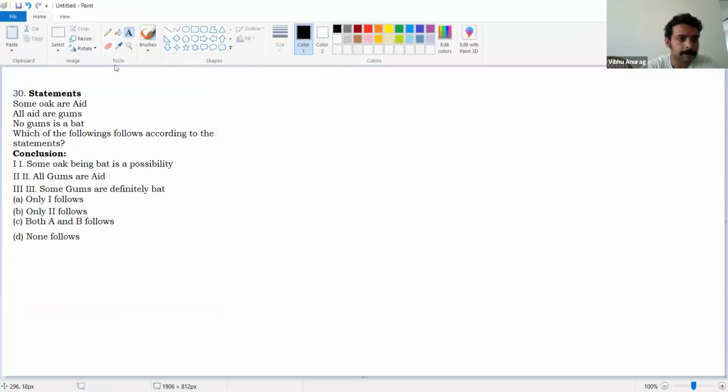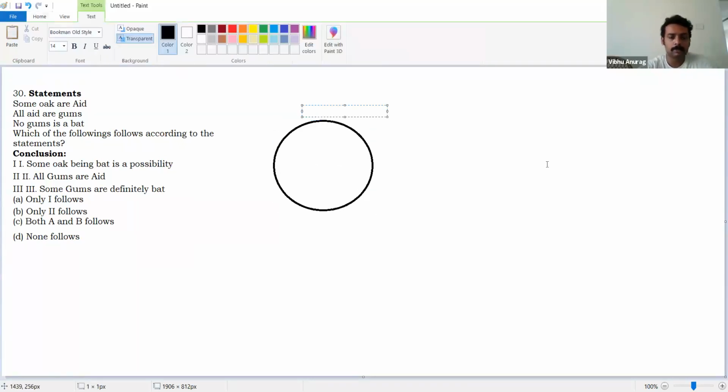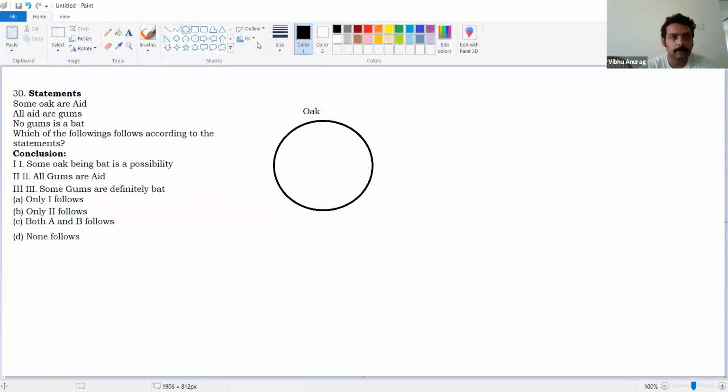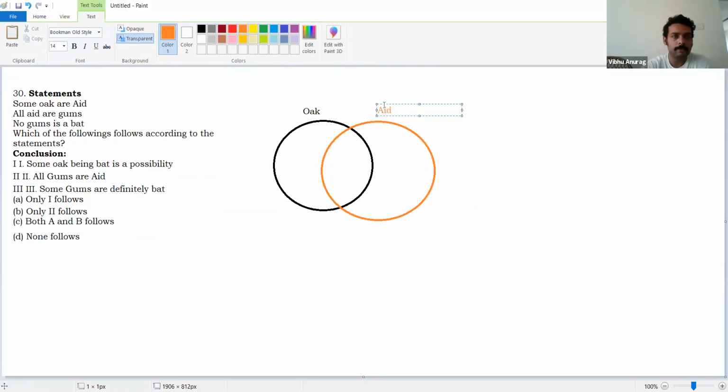Okay, let's draw this. The statements are: some oak are red. I will call this oak, and some of these oak are aid. So I draw another overlapping Venn, and I'll call this aid.